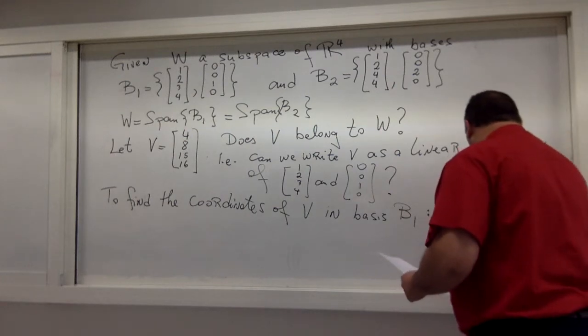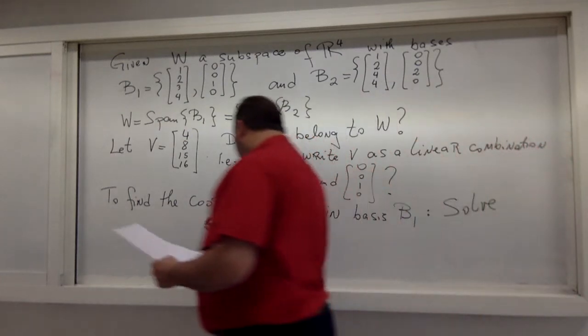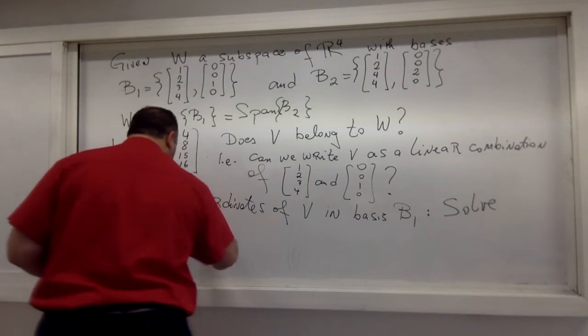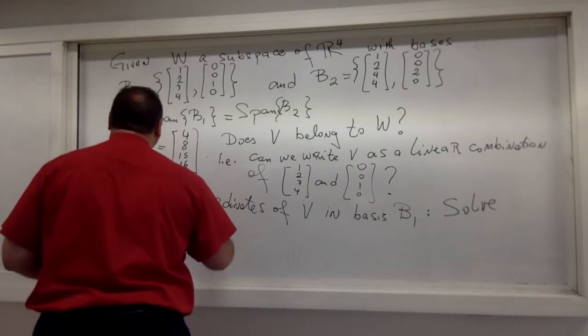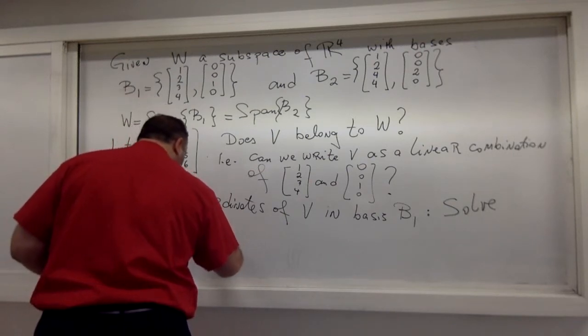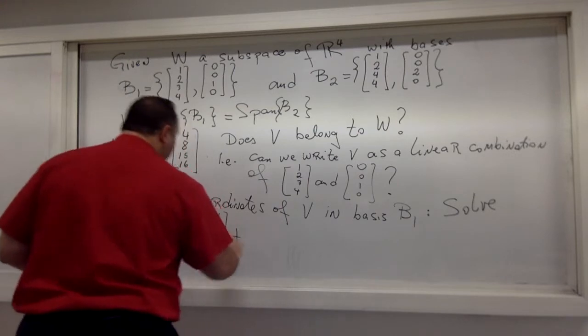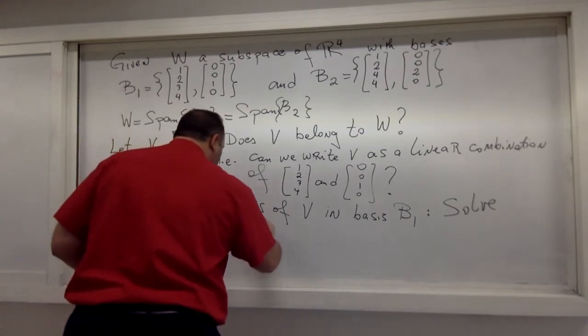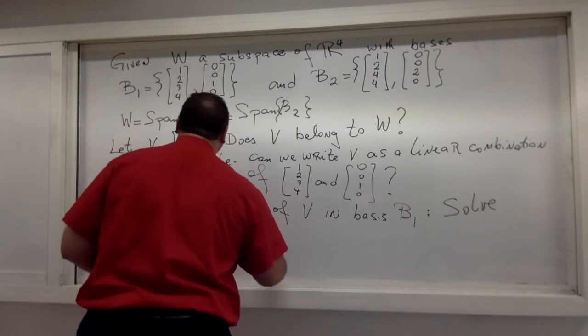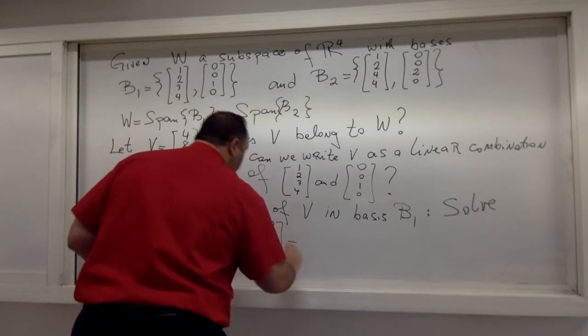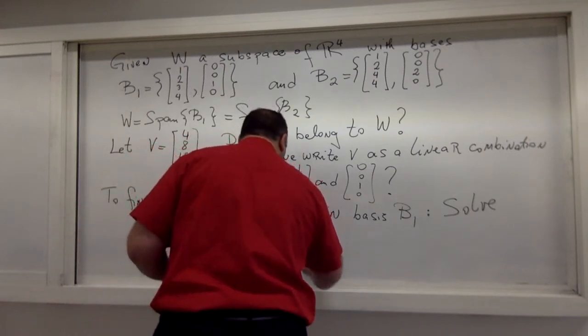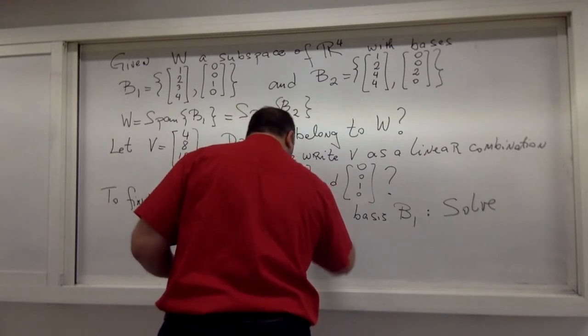I need to solve the equation: I'm looking for numbers A and B such that A times the first basis vector plus B times the second basis vector is equal to V, and V is 4, 8, 15, 16.